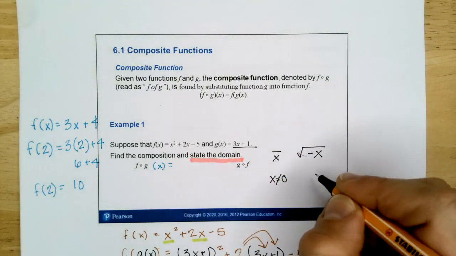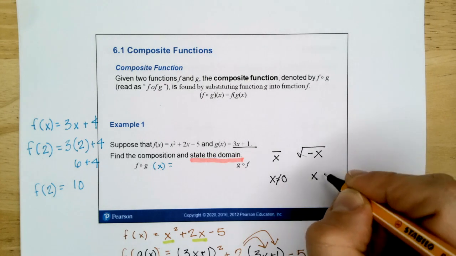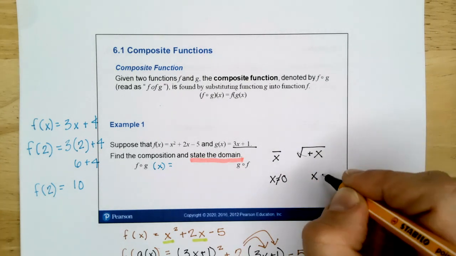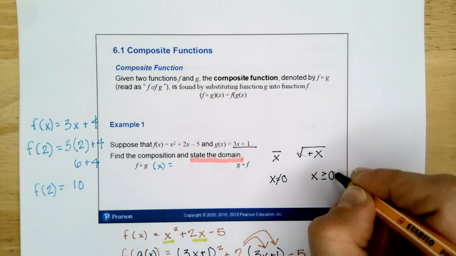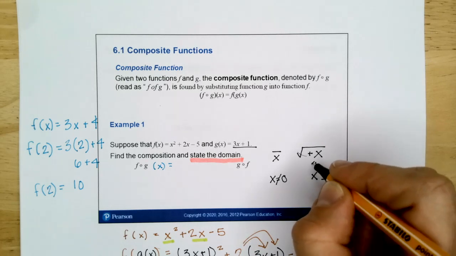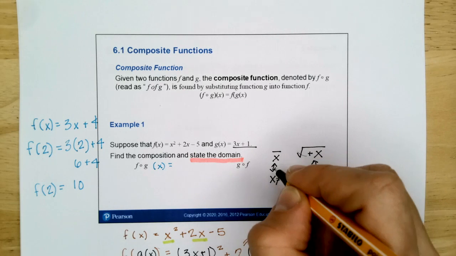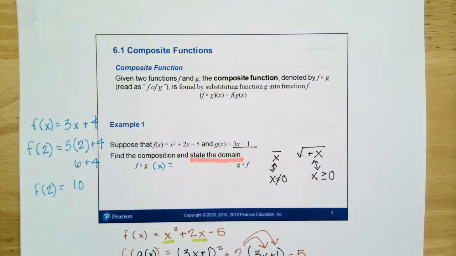So in this case, x cannot be 0, and in this case, x has to be greater than or equal to 0. For that one, it cannot be 0, and for this one, it has to be greater than or equal to 0.